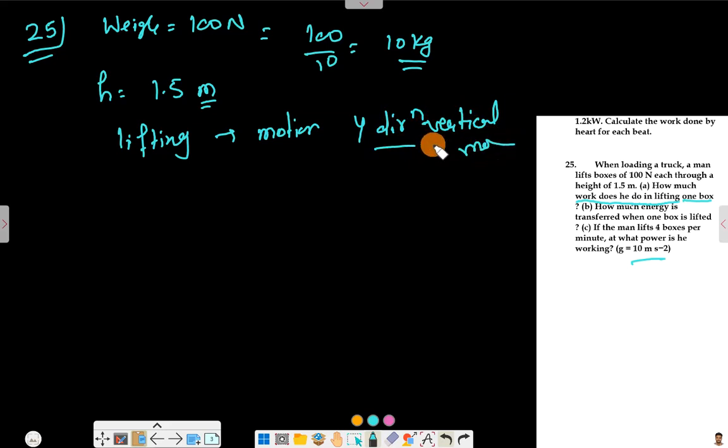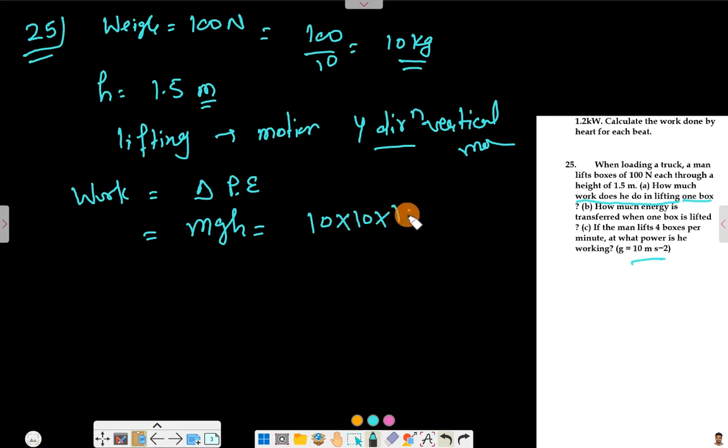And if there is vertical movement, then work is equal to change in potential energy, and that is equal to mgh. M is 10, g is 10, and h is 1.5, or 15 by 10. So answer comes out to be 150 joule. This was first part.